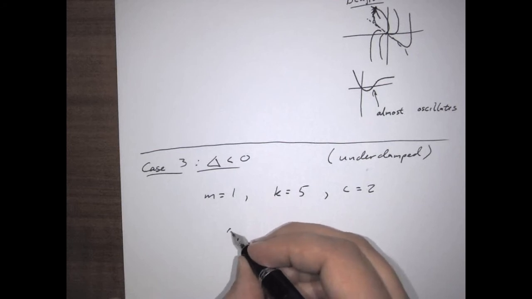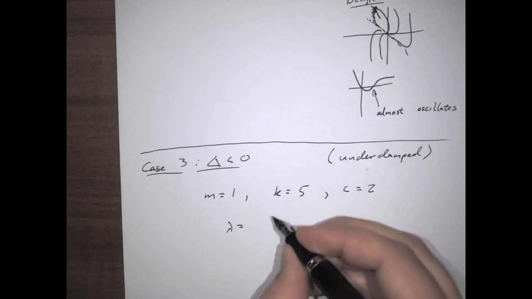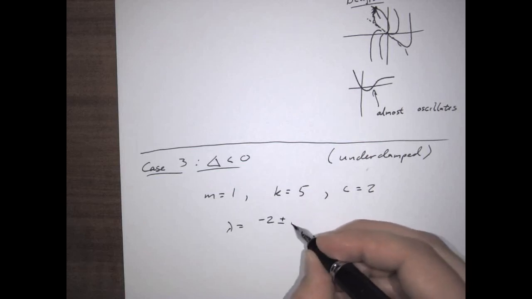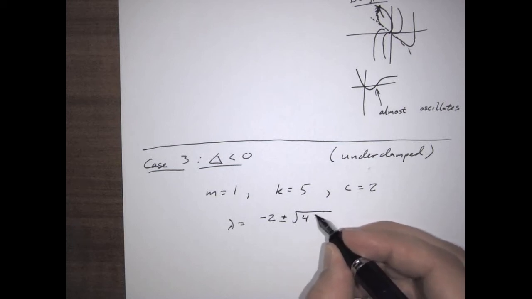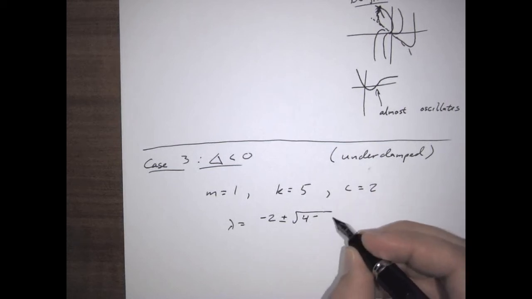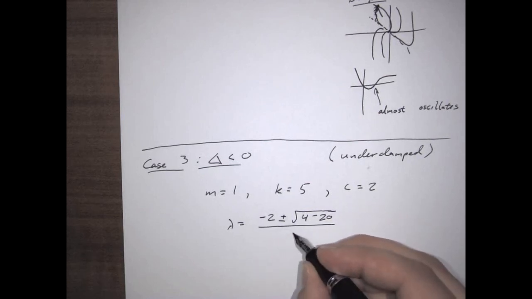And then what that's going to give us is lambda equals negative 2 plus or minus the square root of 4 minus 4ac, so minus 20, divided by 2a.